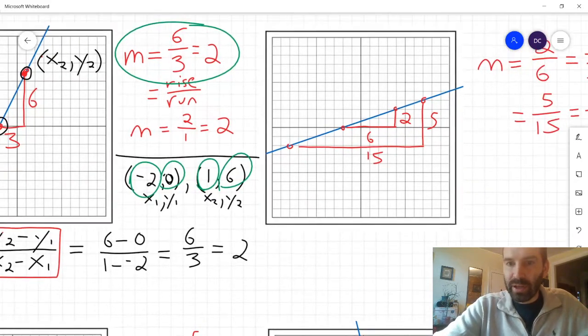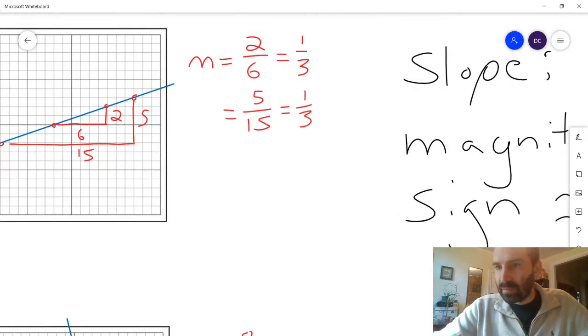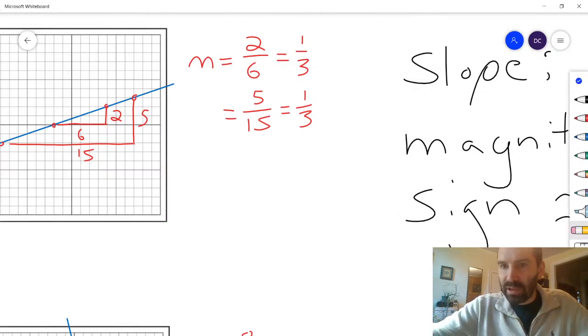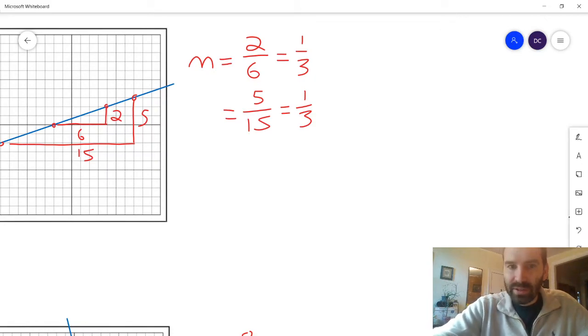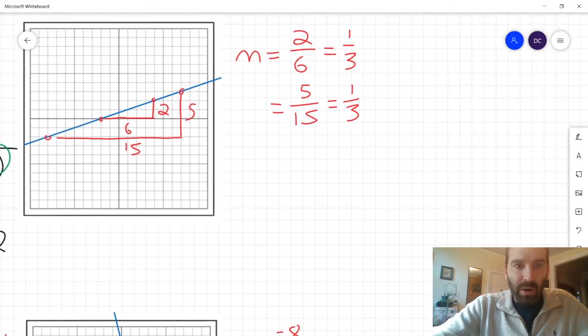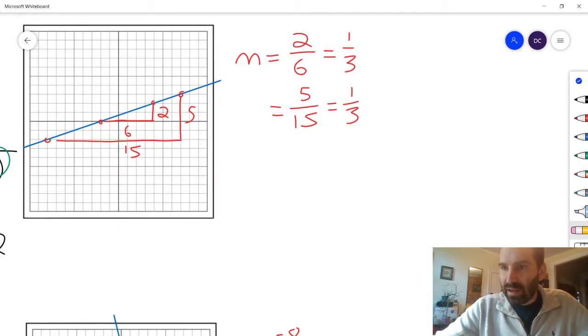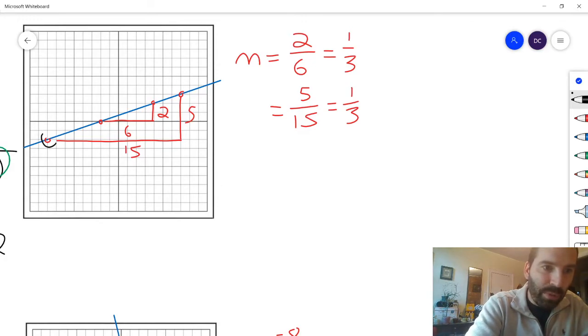Let's go off to the right here. I'm anticipating this stuff getting in the way, so let me erase that stuff. Let's take these points that we got here. So let's do this point over here.